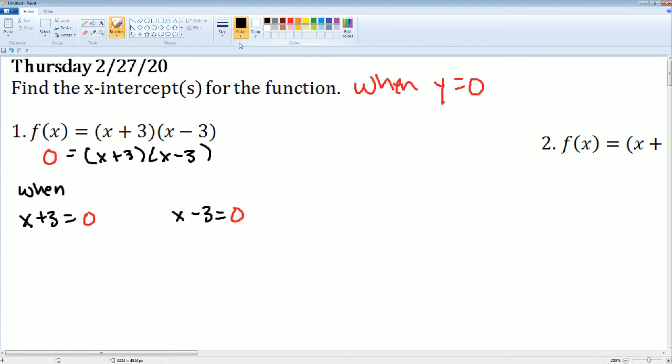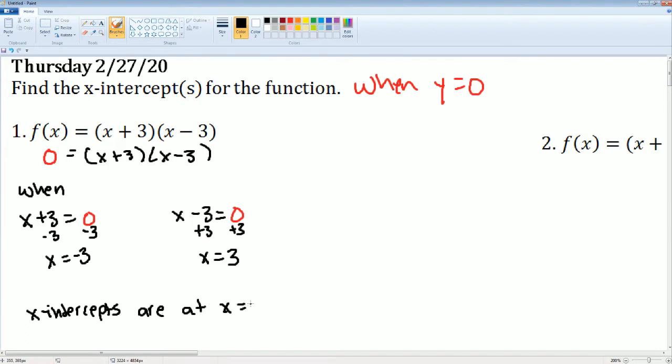So, when is this equal to 0? Subtract 3, x equals negative 3. Here, add 3, x equals what? 3. So your x-intercepts are at x equals negative 3 and x equals 3.